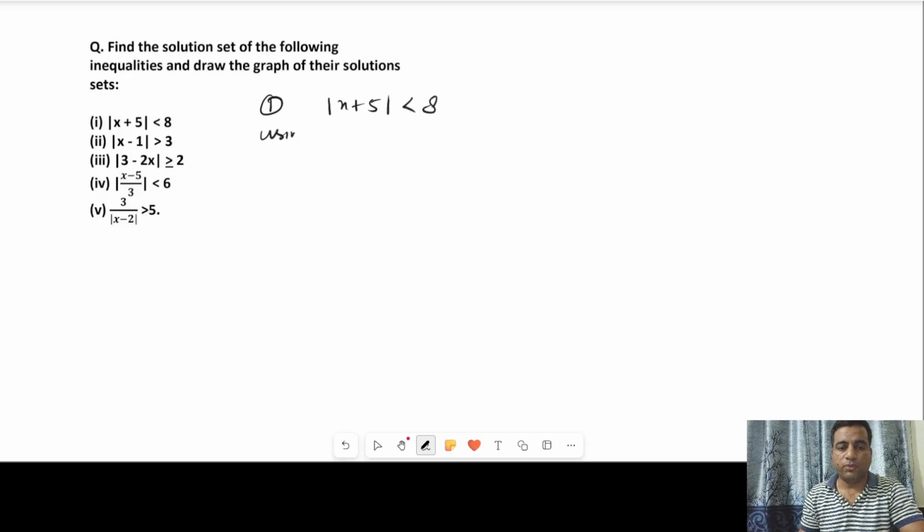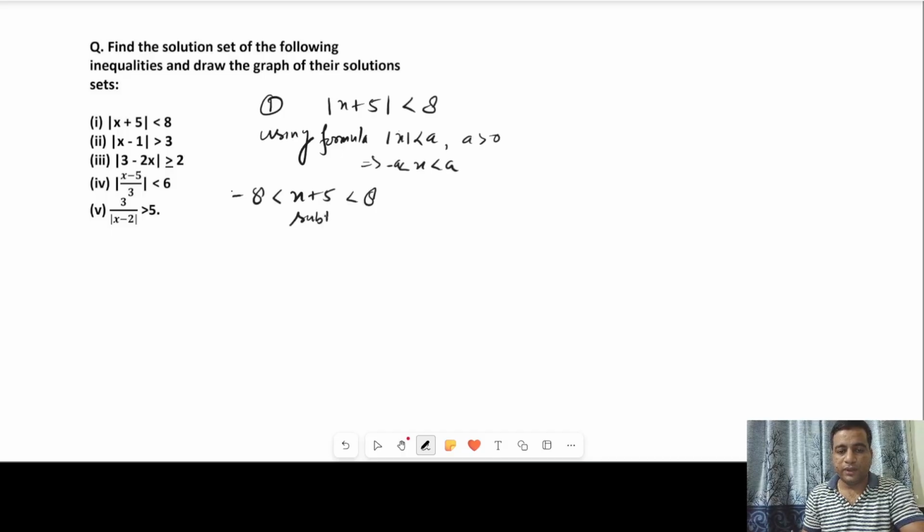Now using the formula, |x| < a, where a is positive, it implies x lies between -a and a. So here x + 5 is greater than -8 and this is less than 8.